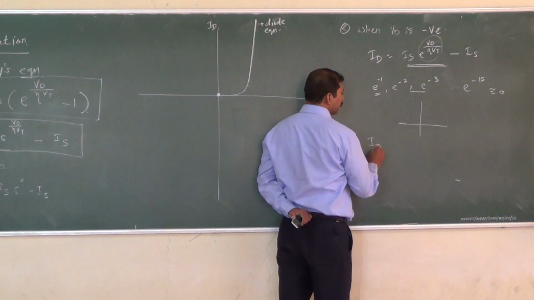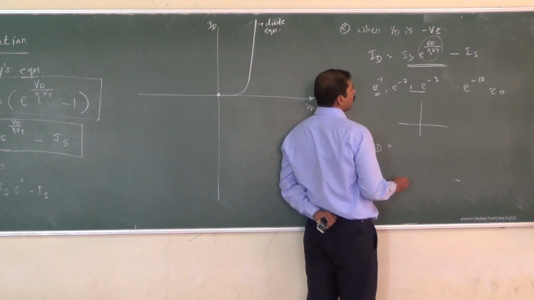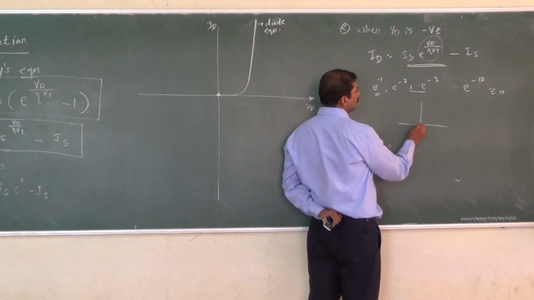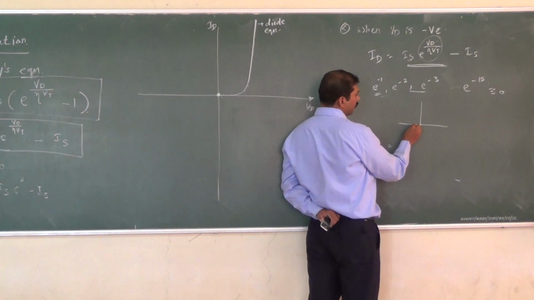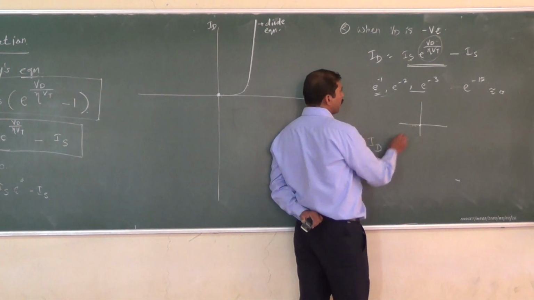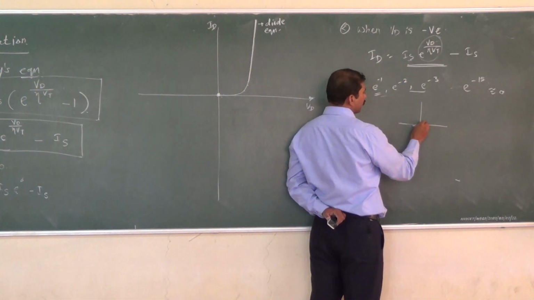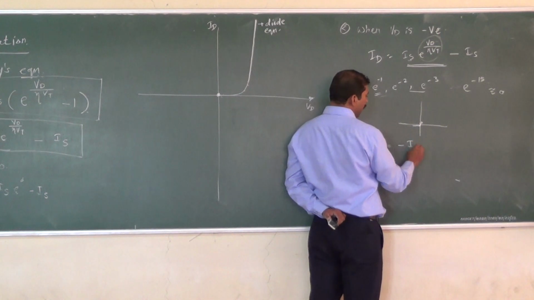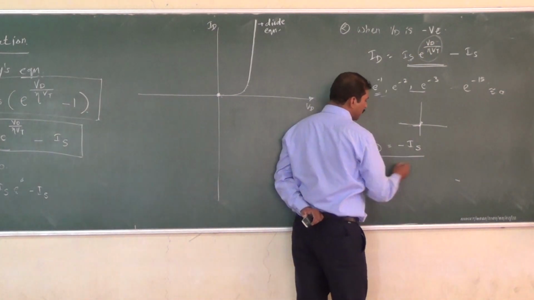So the exponential term is very small, almost 0. So ID is near 0 minus Is, because this term becomes 0, and ID is equal to minus Is.